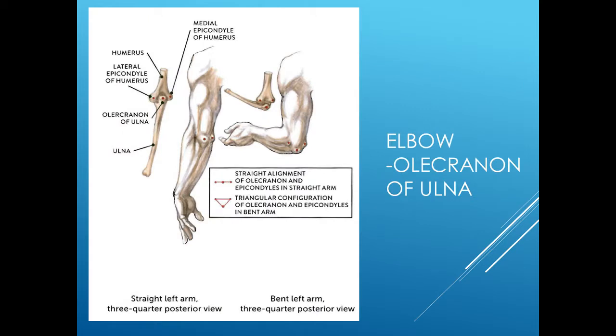Next, the elbow. That is called the olecranon of the elbow. When the arm is straight down, you can see these two points coming across, the lateral and medial epicondyle of the humerus, and so all three of them go across here. But when the arm is bent, these three bones tend to form a triangle.